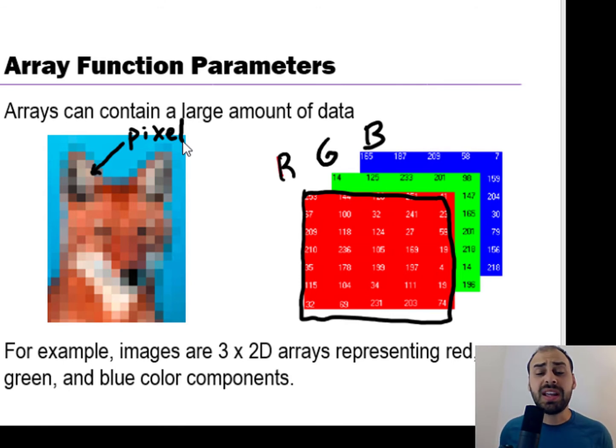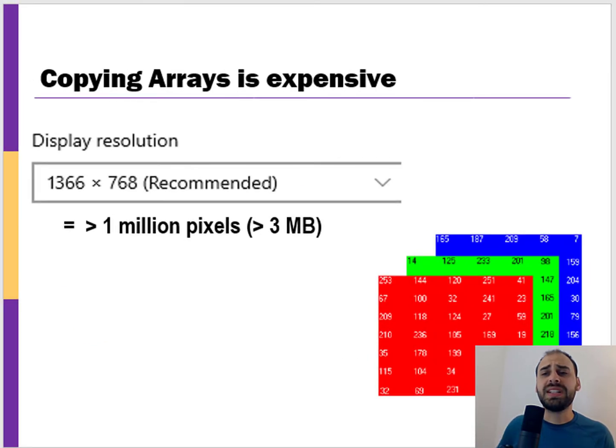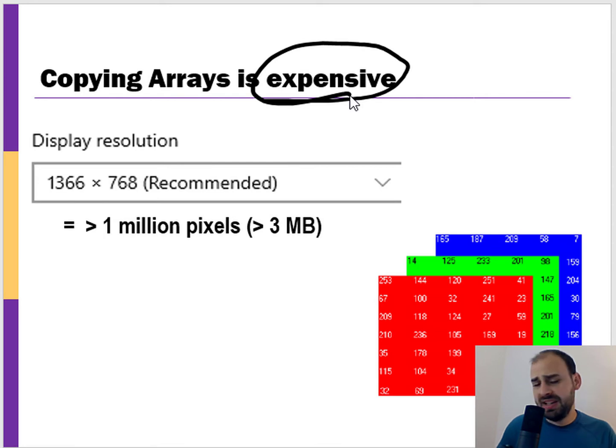Why am I talking about this? If we're storing data this way, as a 2D array, this is a decent amount of information, and arrays can be very, very large.